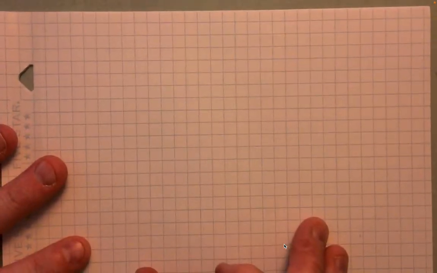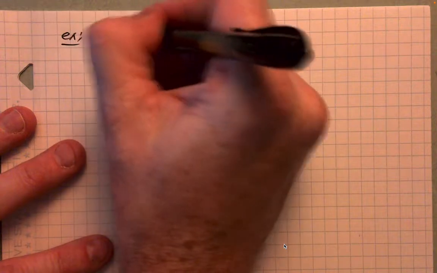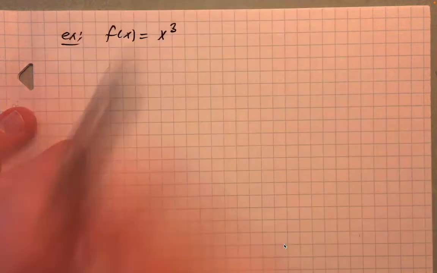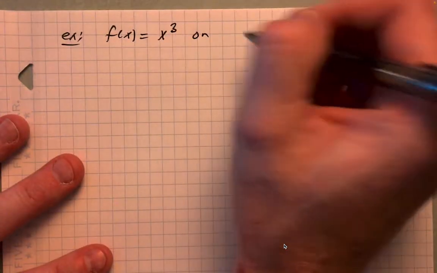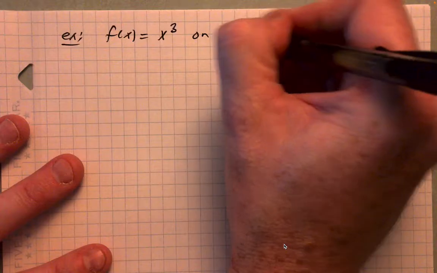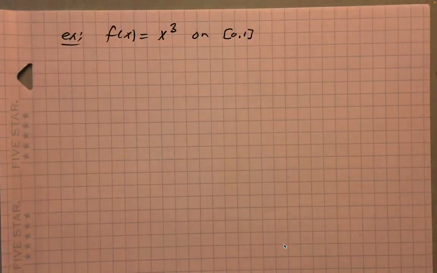Let's do a couple more examples really quickly. This is kind of taking a little while, but let's find the area under f of x equals x cubed on the interval from 0 to 1. Again, not getting too exotic with the functions or the intervals yet.